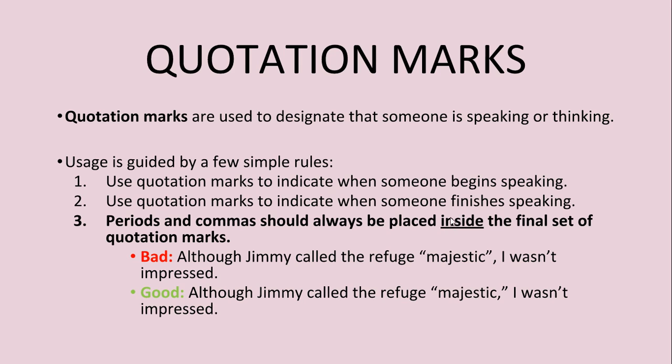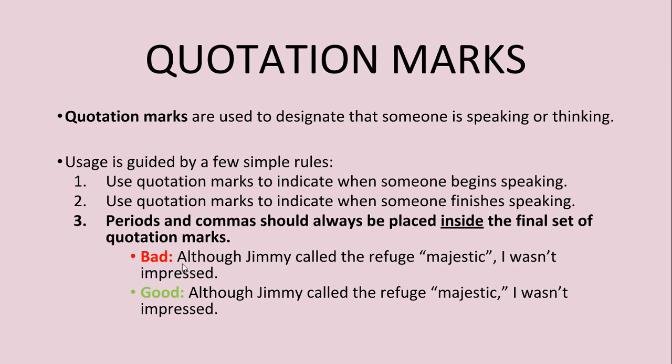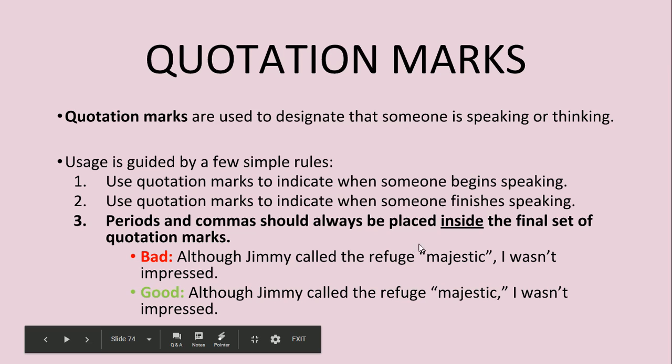In modern English, the punctuation always goes inside the quotes. It looks weird, but it's grammatically correct. So a bad example is, although Jimmy called the refuge majestic, and you know that article about caribou, I wasn't impressed. No, this punctuation is outside the quotes. This is terrible. Let's put it inside the quotes, and then we'll all be happy.